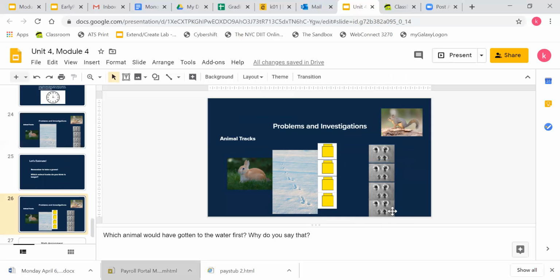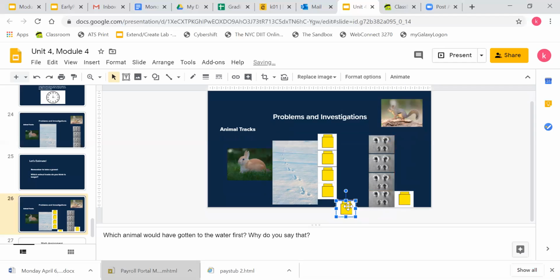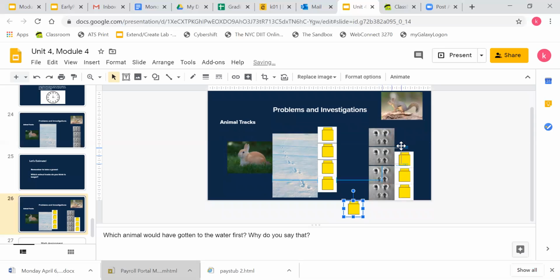Let's see how many squirrel tracks we have. Okay, I'm going to measure it. We're going to line it up right next to it. We got 1, we have 2, we have 3, we have 4, and hey, look at that.